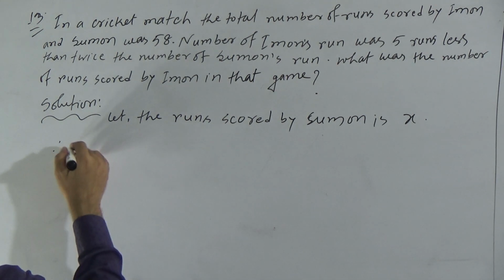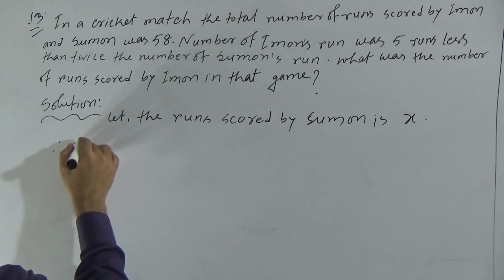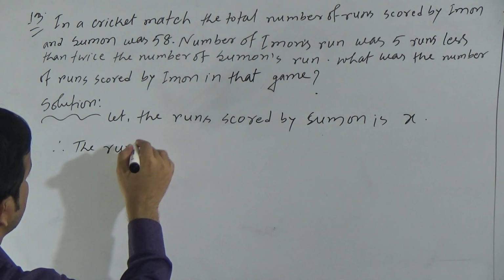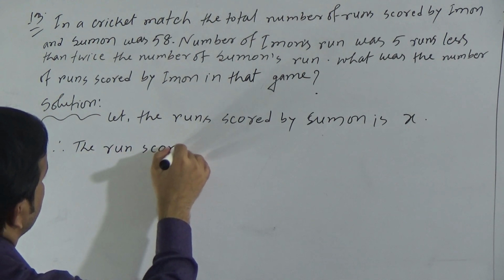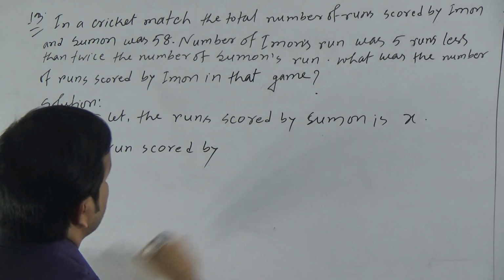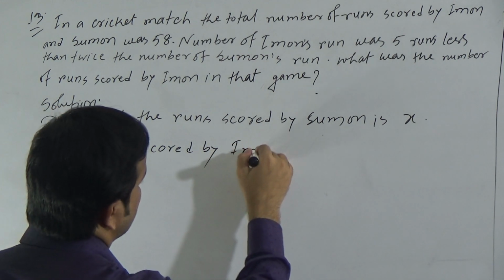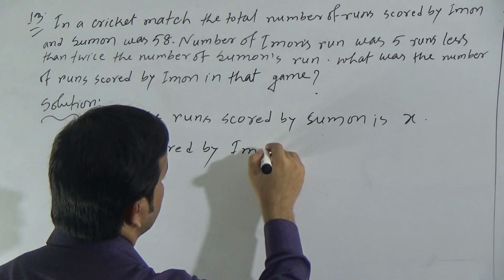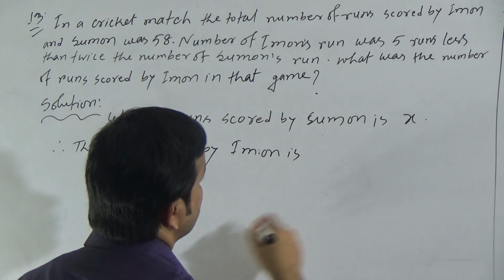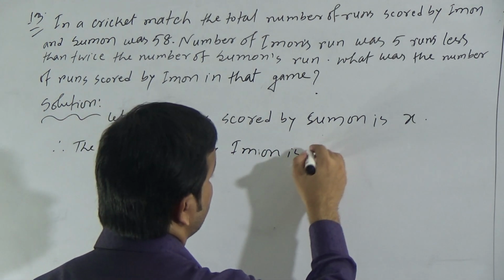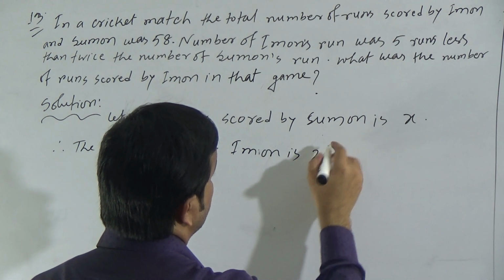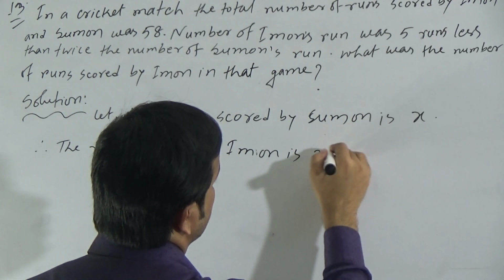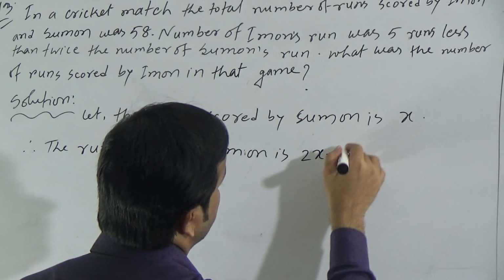Therefore, the runs scored by Imon will be 2 times Shumon's minus 5, as 5 less than twice. So this will be 2x minus 5.